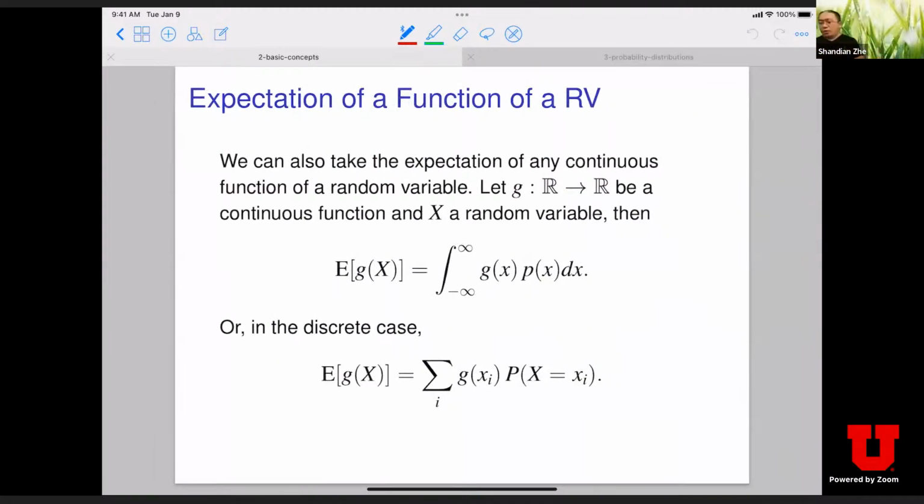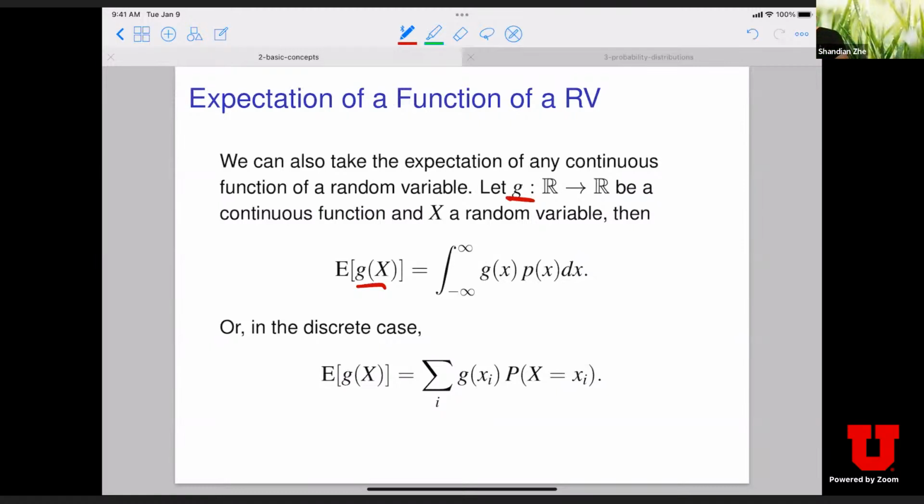And this can also be extended for the expectation of a function of a random variable. Suppose we have a continuous function g. If we want to compute the expectation of g of x, remember x is a random variable, so g of x will also be a random variable.